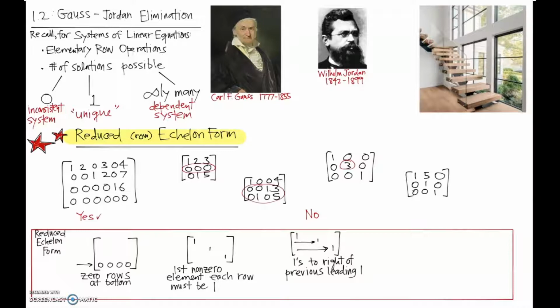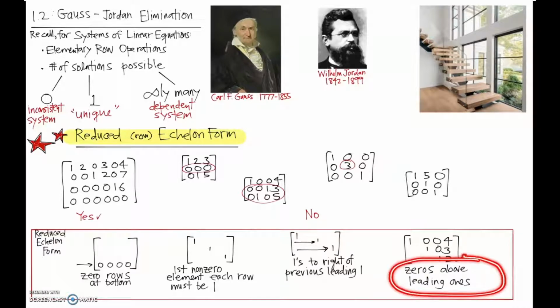In this matrix, the second and third row need to be swapped to get it into reduced echelon form. And the last rule is you need to have zeros above your leading ones. So this last matrix right here should have a 0 there. You could create a 0 there by adding, like, -5 times row 2 to row 1, and that would create a 0 there.